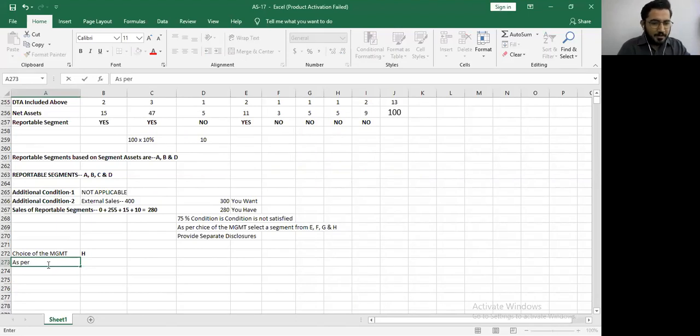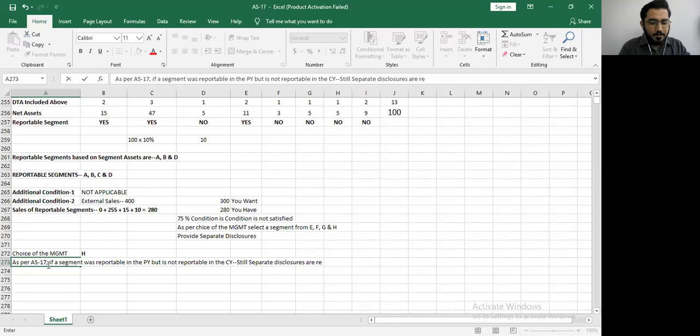As per AS-17, if a segment was reportable in the previous year but is not reportable in the current year, still separate disclosures are required for that segment.